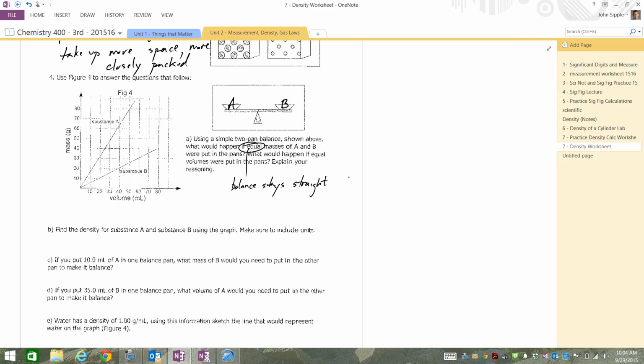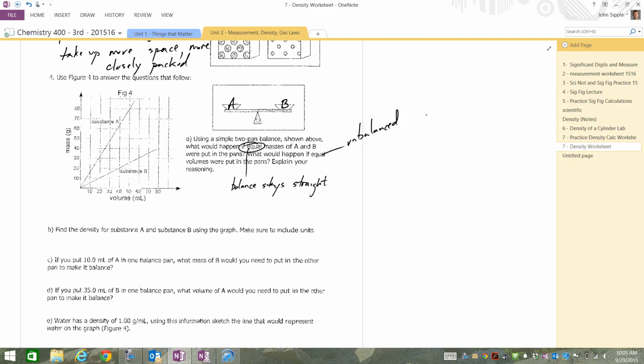All right, so what would happen if equal volumes were put on the pans? Yes, sir. They would be unbalanced because like they never cross. Okay, so it's going to be unbalanced. That's good. Which one's heavier, A or B? Yeah, Miranda.